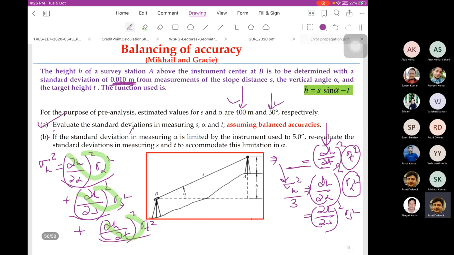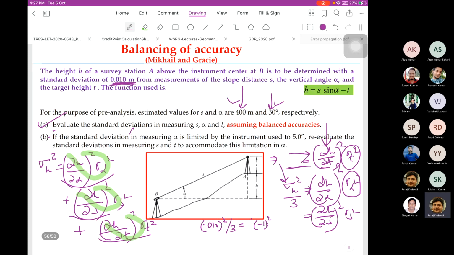Let me just rewrite it here. I have 0.010 is equal to. How would I write sigma h by sigma t? The answer would be minus 1 for the first case.